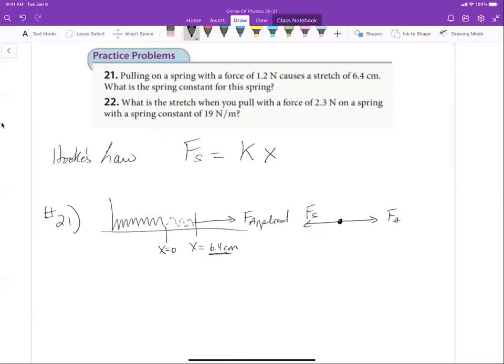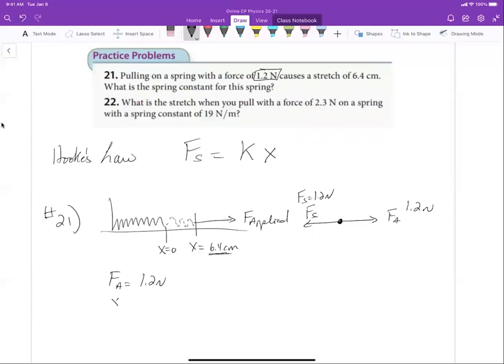Let's back up. I know that the force applied was equal to 1.2 newtons, so they gave me that. If that's the case, the force of the spring has to be 1.2 newtons at that location because it's sitting there at rest, so those are equal to one another.